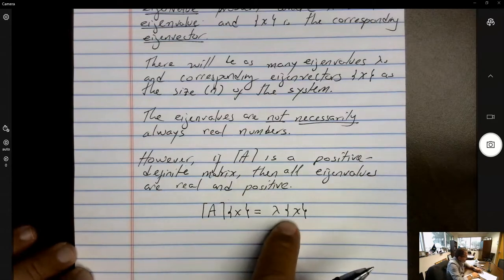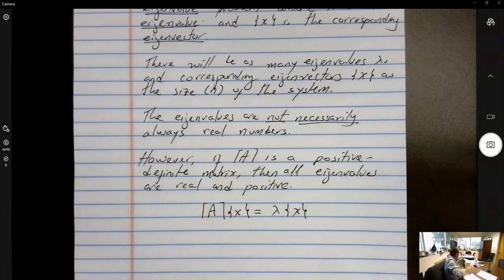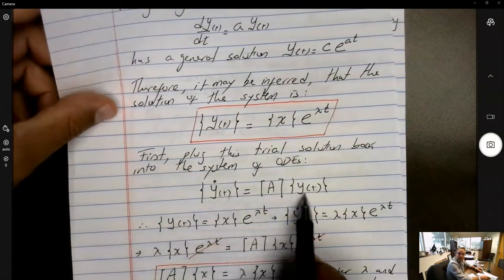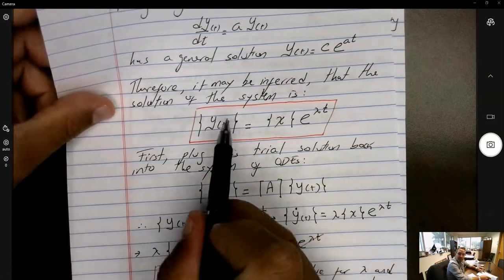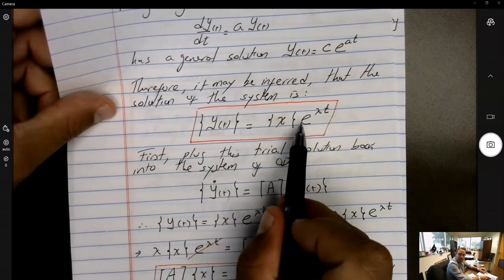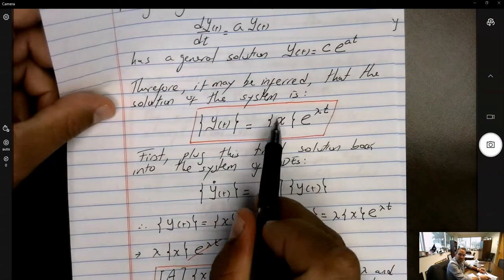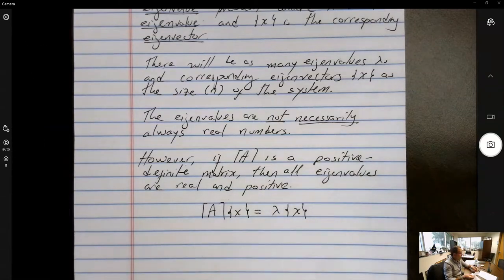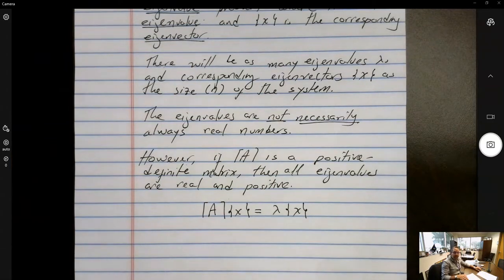And if we get that solution, then we'll essentially be solving the given system of equations. Remember, we were given the system of equations, to which we inferred the solution was like this. So if we find the lambdas and the x's, we'll basically be finding the solution. In order to find them, we need to solve this adjoint problem. This is the problem that arrived from inserting the trial solution into the system of equations.